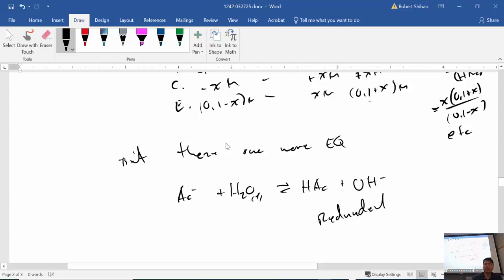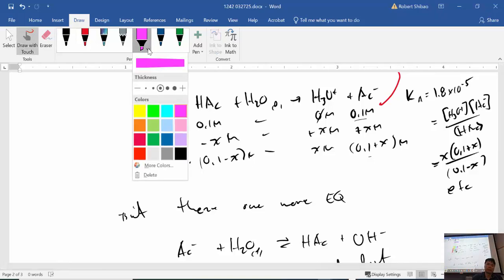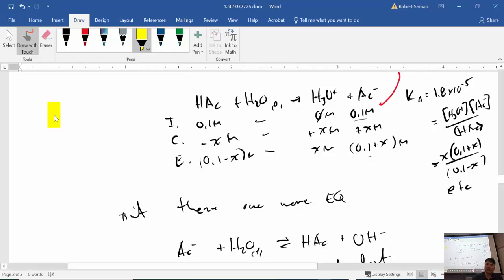I don't remember solving for it. Where did I solve for it? Maybe I solved for it last week. Did I solve for it last week? No, I didn't solve for it last week. So where did I solve for it? I solved for it in the Ka here.